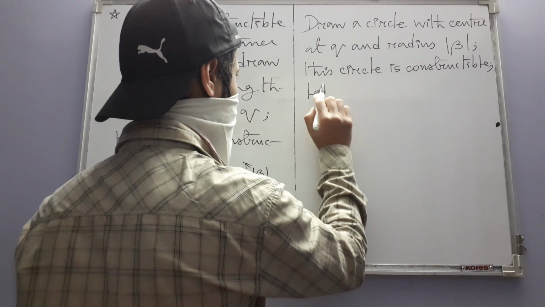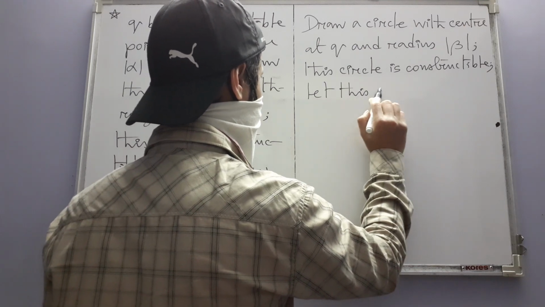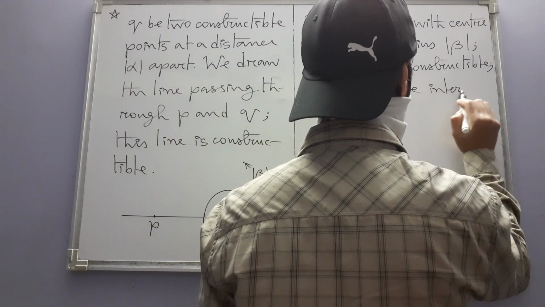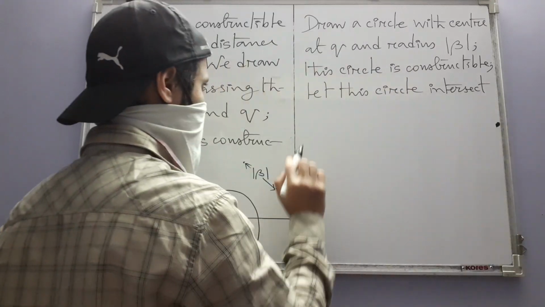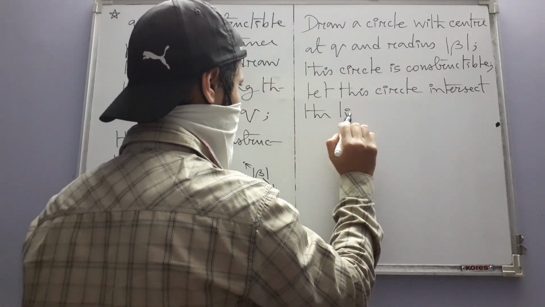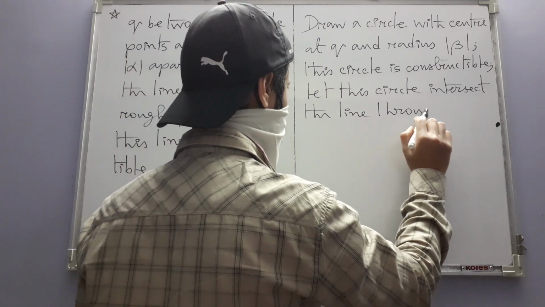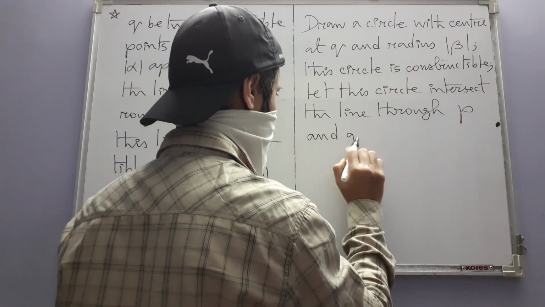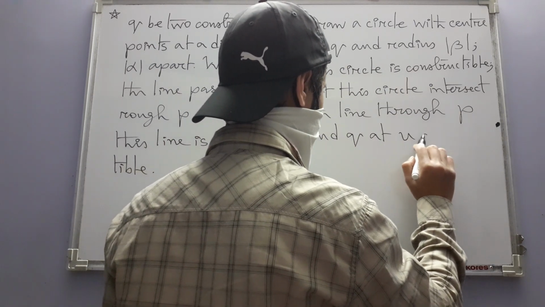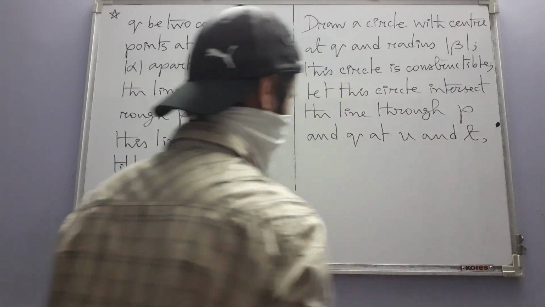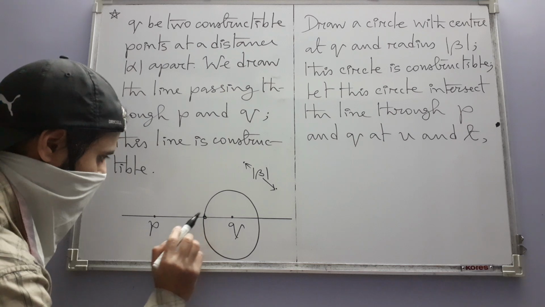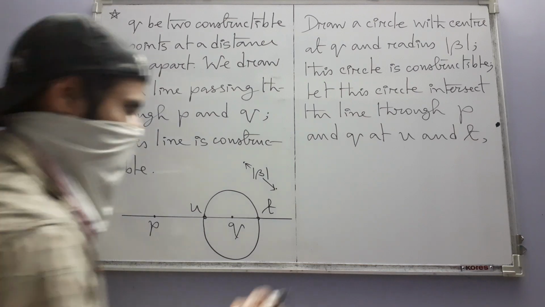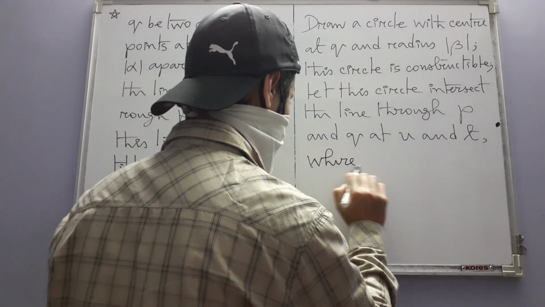Let this circle intersect the line through P and Q at U and T. So this point is U, this point is T, where we need to of course mention which one sits where.